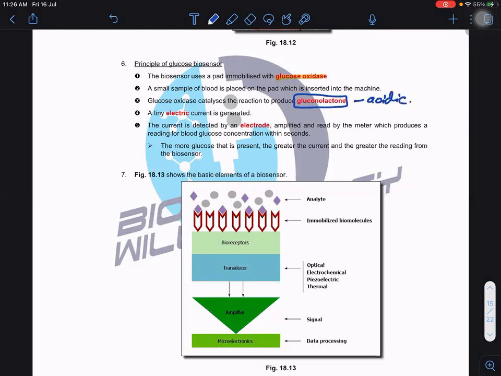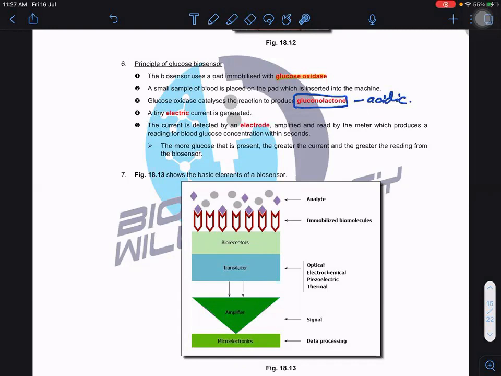So we change the microenvironment in the biosensor, and the bioreceptor will be able to pick up this change. Therefore, we can use a transducer to convert the signal into an electrical signal, and we amplify it. Data processing then allows us to read the exact value of the concentration.